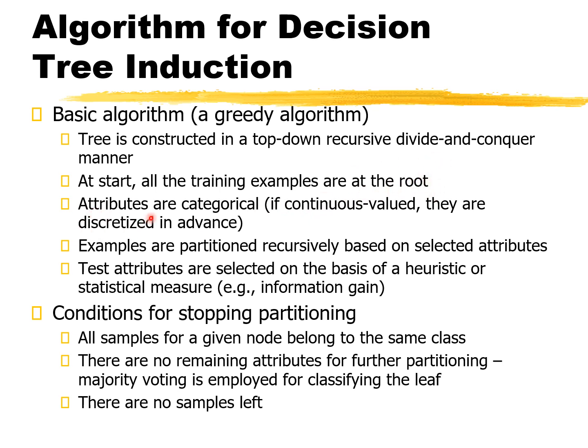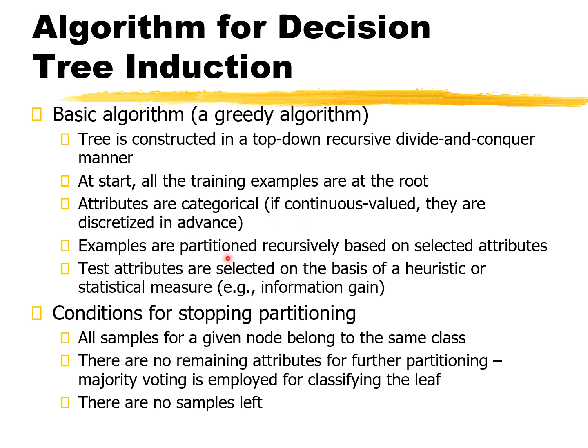Now, attributes have to be categorical. If they are continuous values, if they are numbers, then we need to discretize them. If you remember from last lecture, if the values are not categorical, we have to come up with a way to categorize them, and we have to have done that in the pre-processing step.